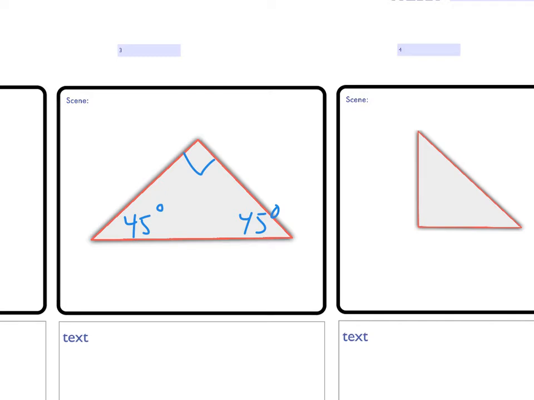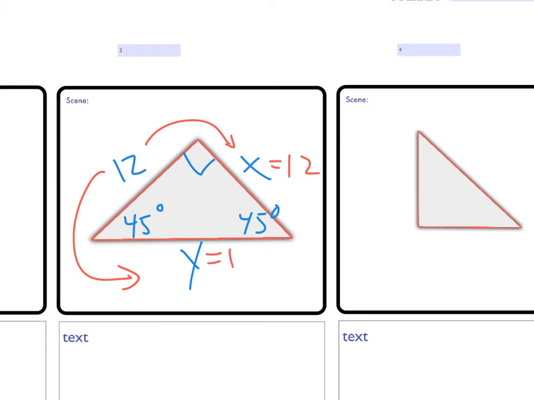If you know a leg, let's say this is 12, and we don't know the other two sides, we know the legs are the same, so this one has to be 12 also. To find the hypotenuse, since the leg is 12, the hypotenuse has to be the square root of 2 times bigger, so we leave it as 12 times the square root of 2. So that's the easy 45, 45, 90.